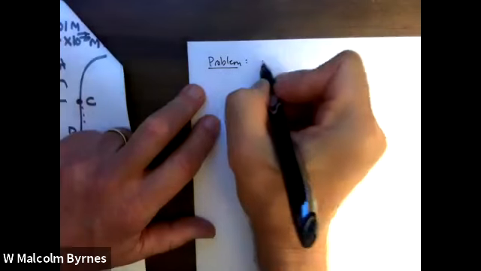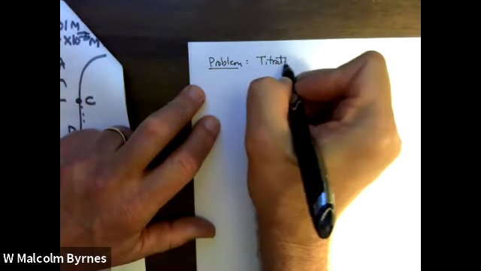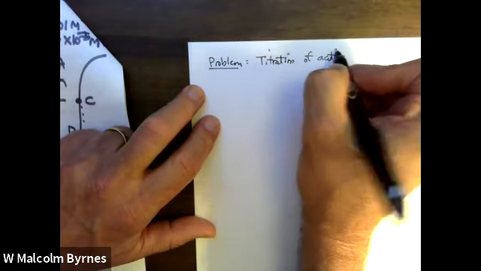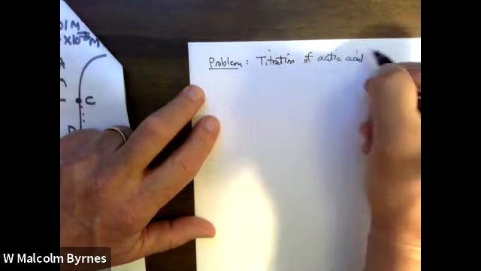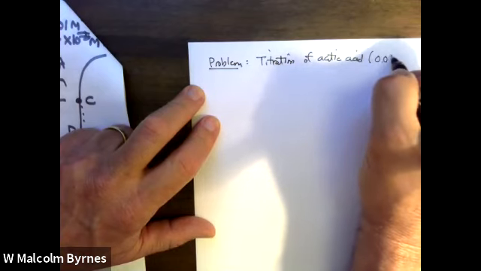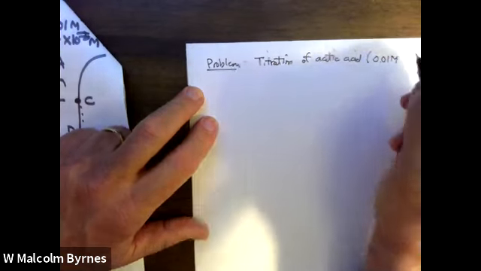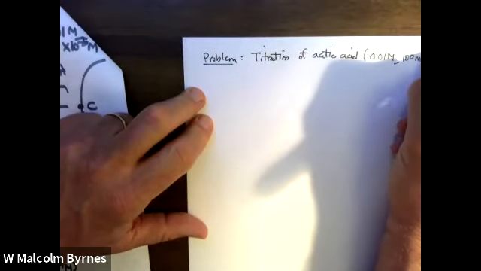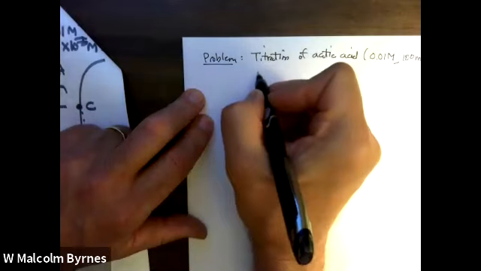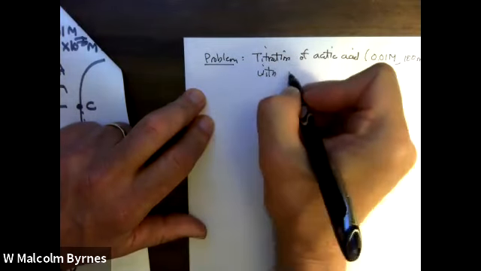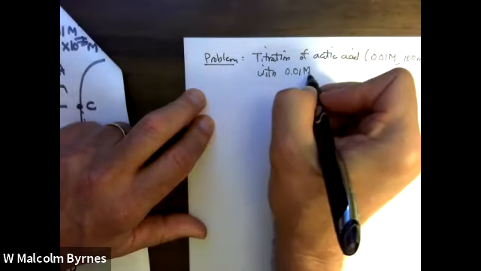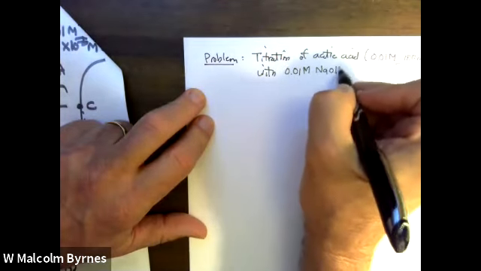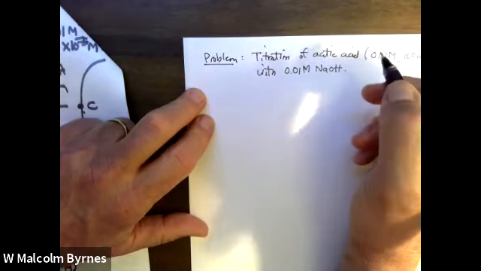Titration of acetic acid. Let's look at a 0.01 molar solution and 100 milliliters of it, with 0.1 molar sodium hydroxide solution.